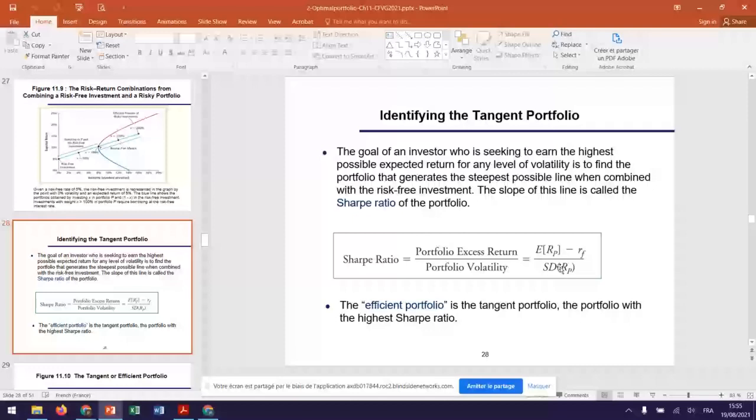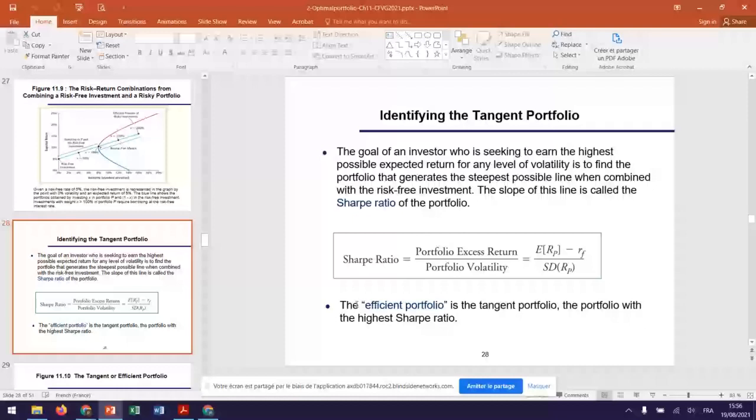The Sharpe ratio allows you to compare which investment is more interesting. The higher the Sharpe ratio, the better for investors. In the efficient portfolio, we can name it the tangent portfolio, and this tangent portfolio is the portfolio that has the highest Sharpe ratio.